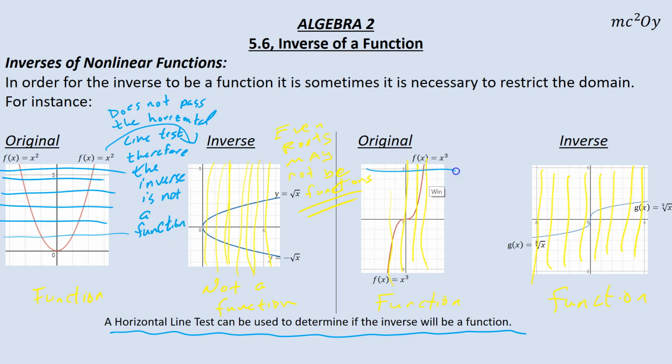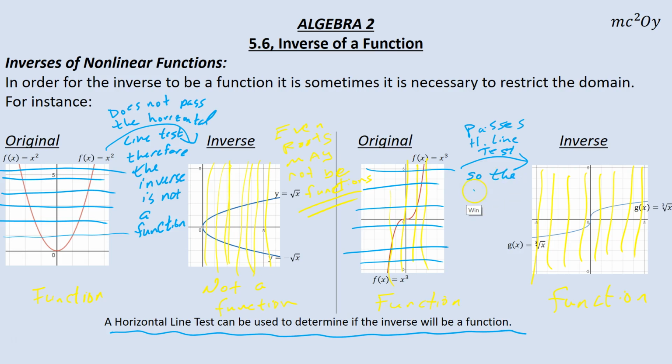Whereas this graph does pass the horizontal line test, which means the inverse is a function. All right. So that's one way to determine if it's a function.